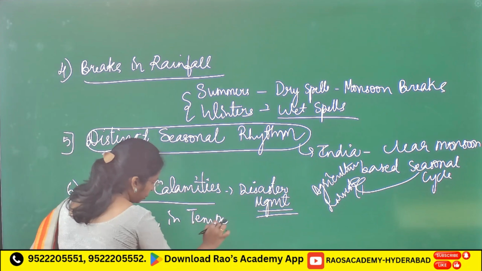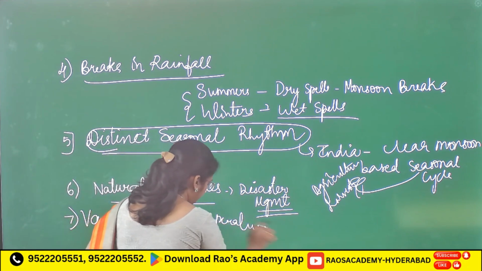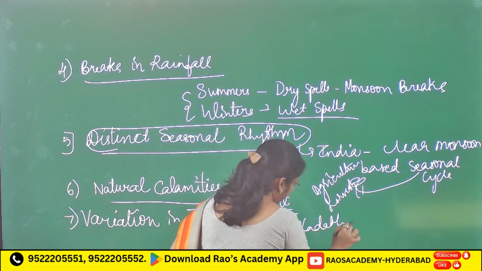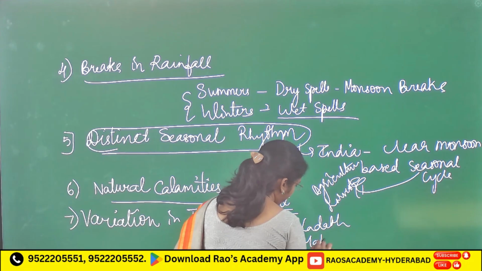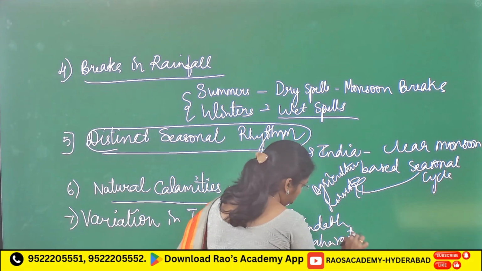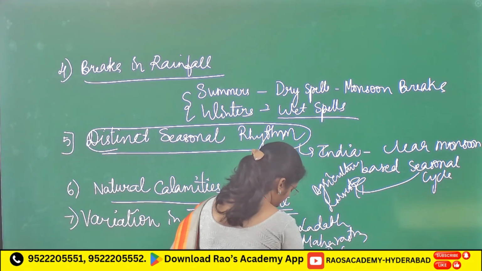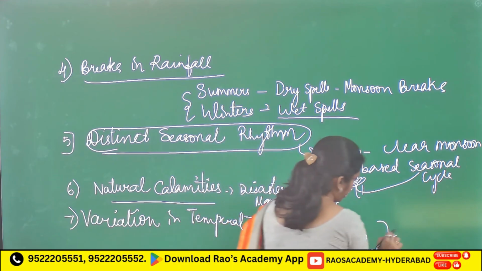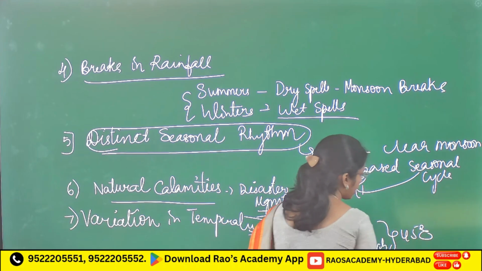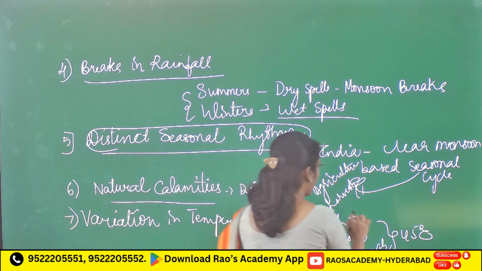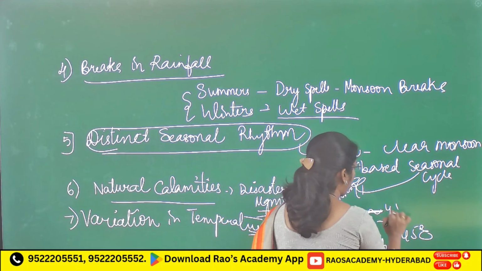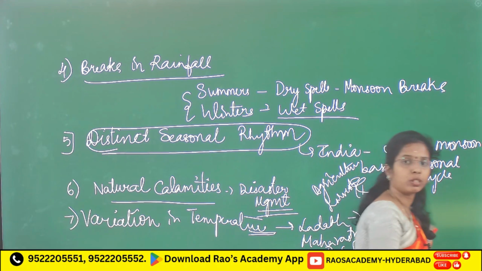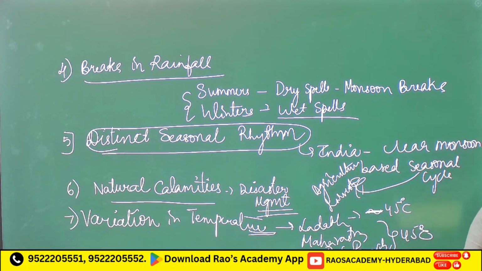For example, if I take the Ladakh area and if I take Maharashtra or Rajasthan or Punjab, in summers you will see around 45 degrees of temperature, and in Ladakh minus 45 degrees during winter. This much variation in temperature you will see in India.